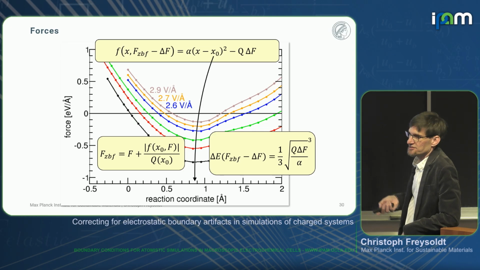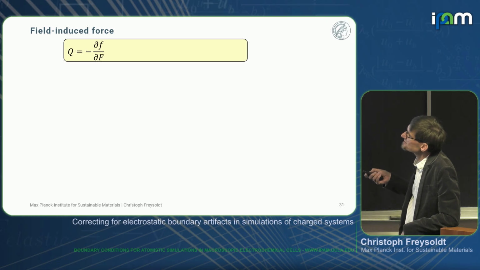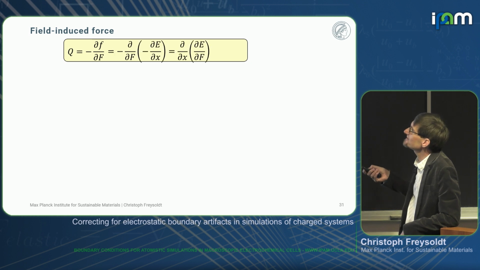The interesting thing is this prefactor here, because if you think about this, this is basically how the charge changes as a function of applied field. And since we know that the force is the derivative of the energy with respect to the reaction coordinate, we can exchange the order of this. It basically means that we have to look at how the energy changes as a function of field as we vary the coordinate.